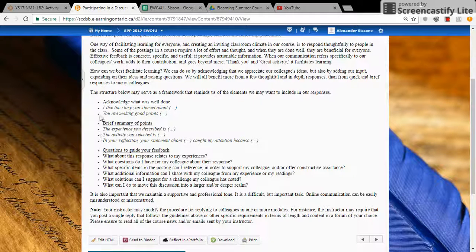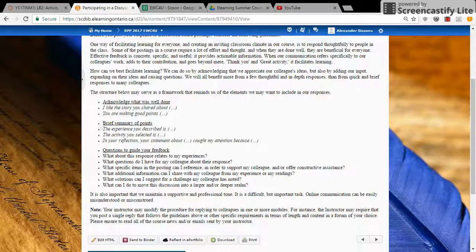It is strongly suggested that instead of saying, hey, I like that, that was great, that you really break down what is being said. And this is also something you should consider when you are editing one of your peers' work or commenting on their work.